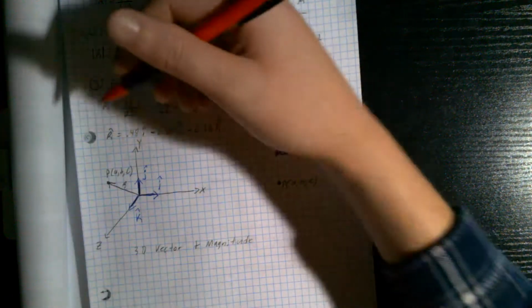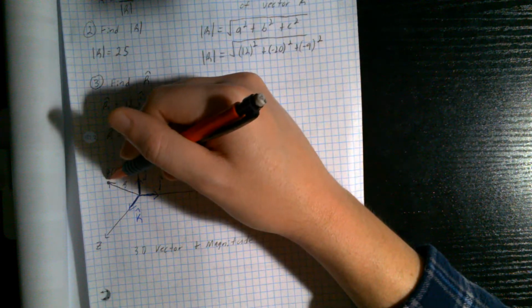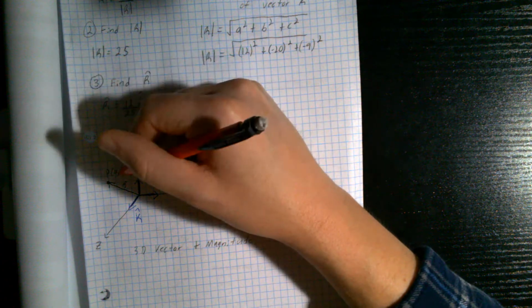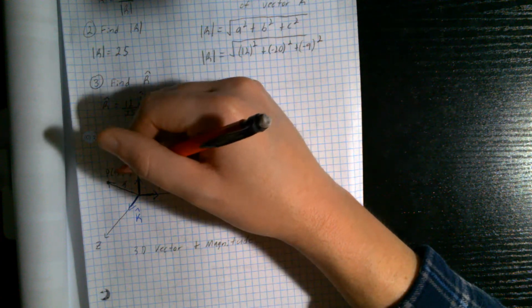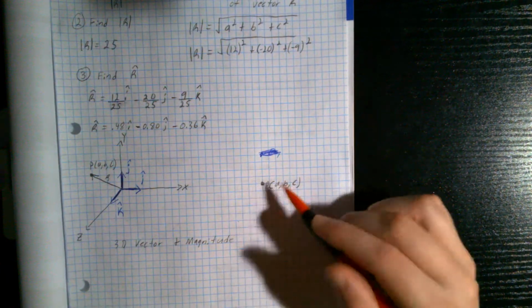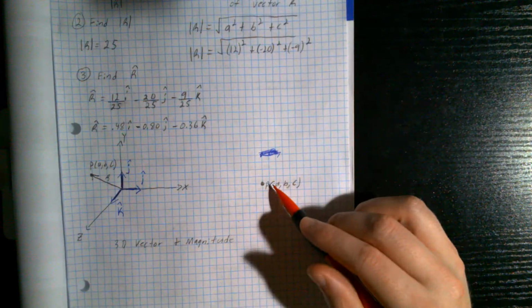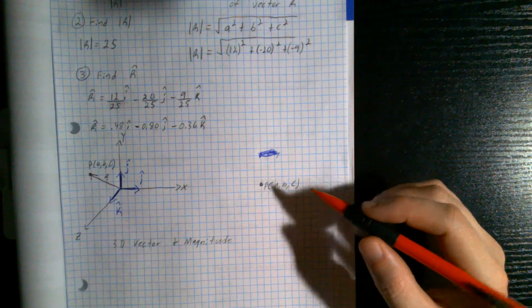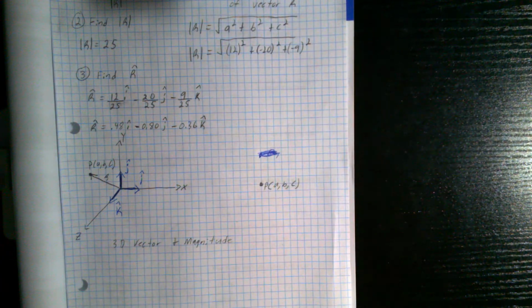So this point is just a point in three-dimensional space with point values a, b, and c. That would be just the point in space represented by the scalars of the vector.